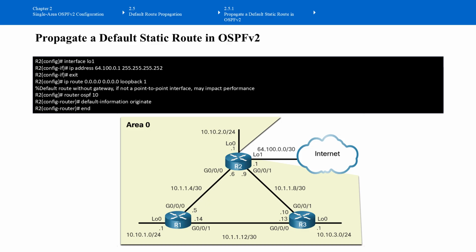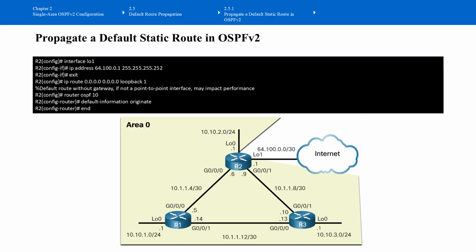Here, R2 is configured to simulate a connection to the Internet. First, we create a loopback 1 and assign it the address 64.100.0.1/30. So this is the command. First, in the global config mode for R2, type interface lo1.